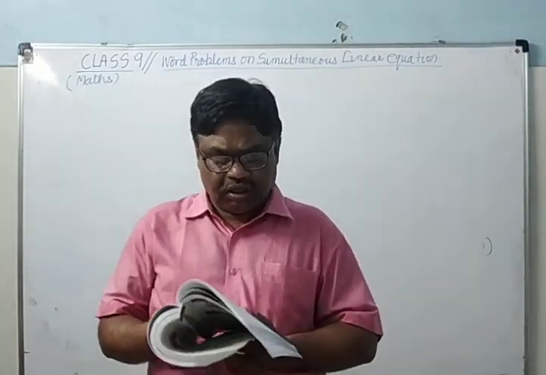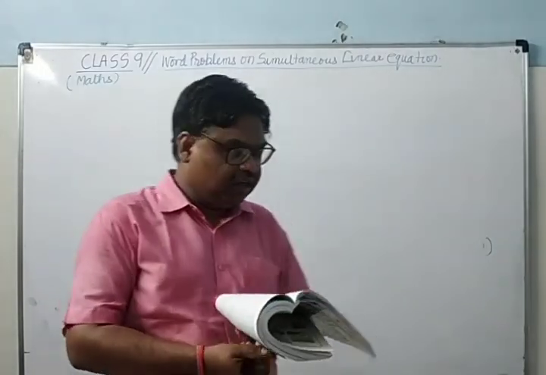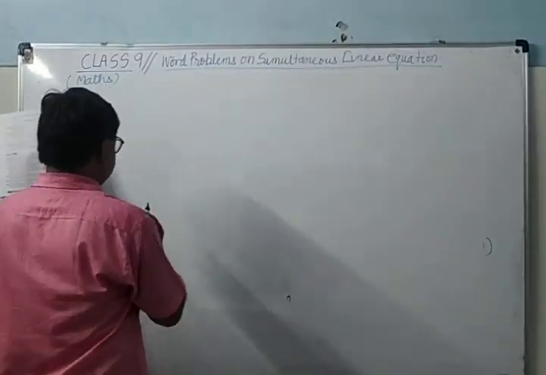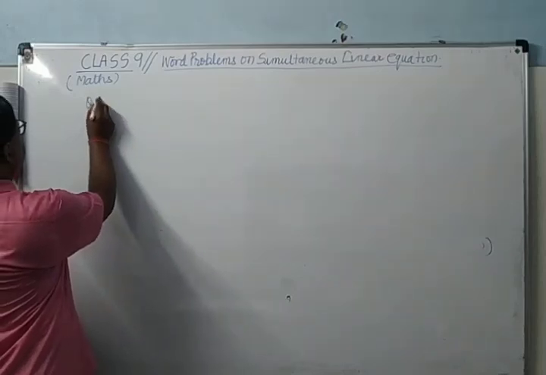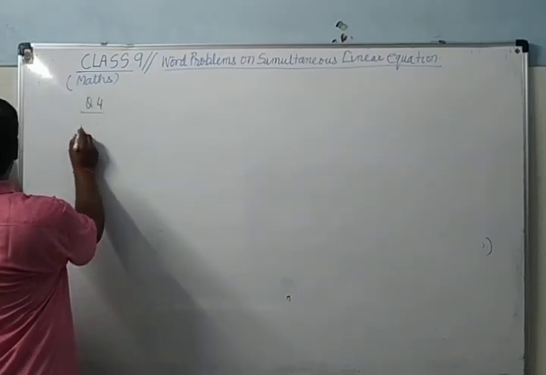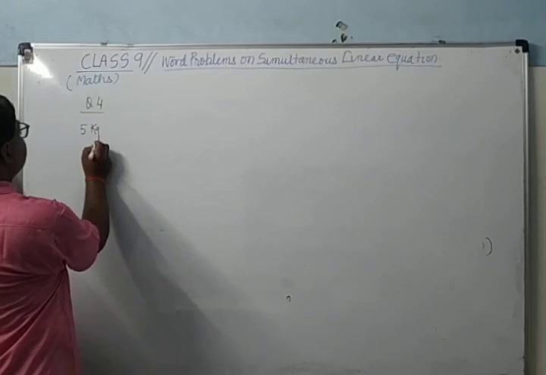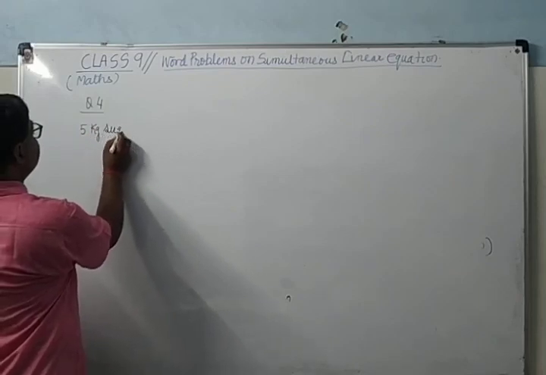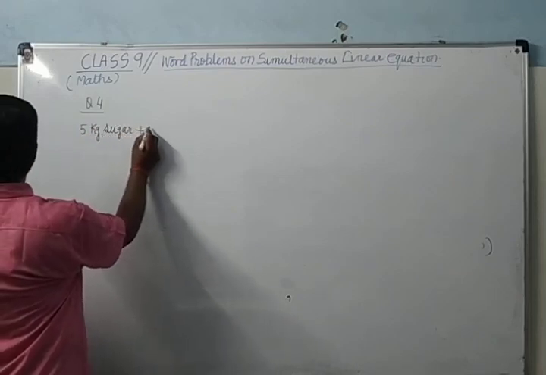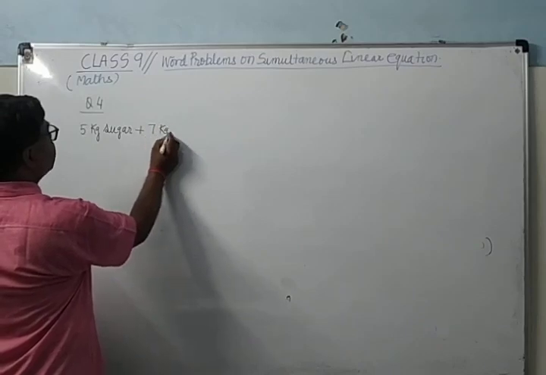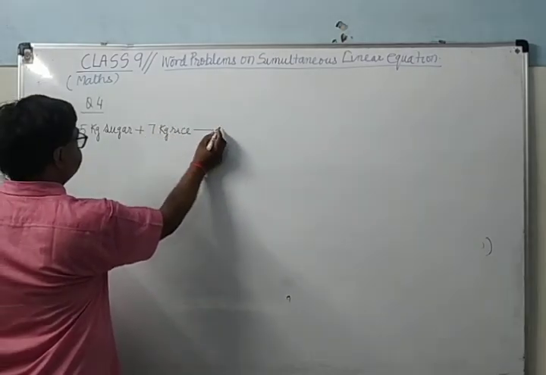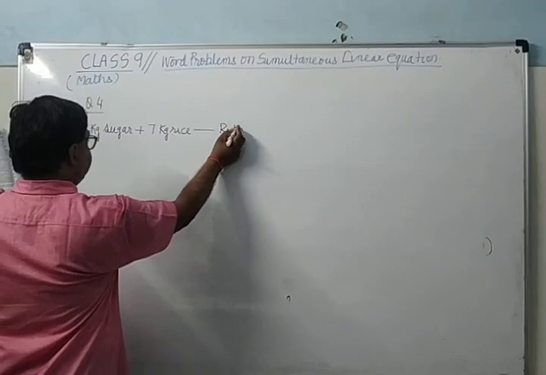Now, here it is given, question number 4: 5 kg sugar plus 7 kg rice, its cost is rupees 153.